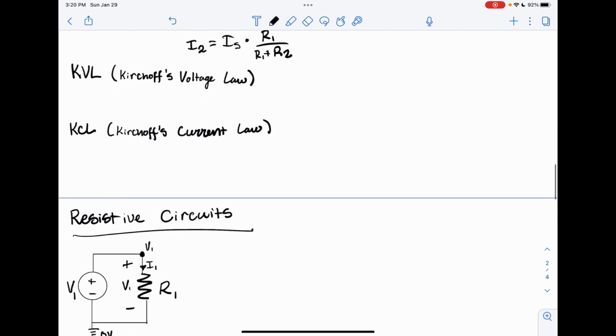Now KVL and KCL, you might not understand these formulas either just yet, but KVL stands for Kirchhoff's voltage law. Kirchhoff's voltage law states that all voltages in a closed loop must add to equal 0.